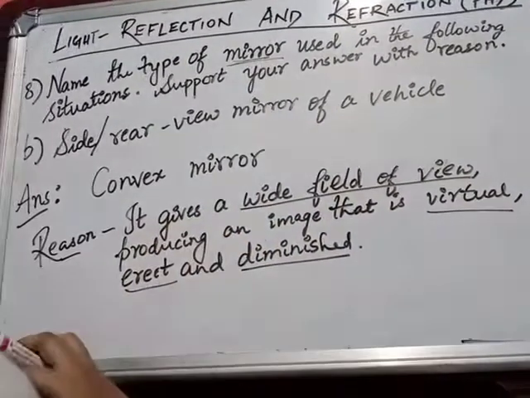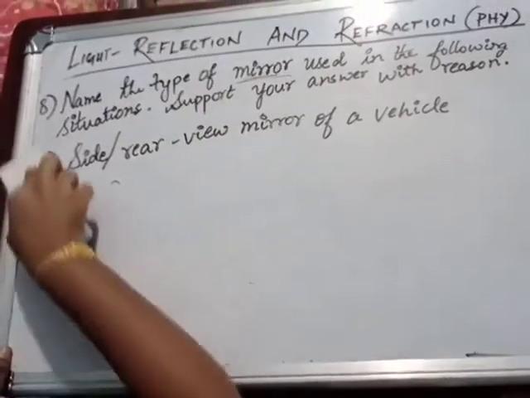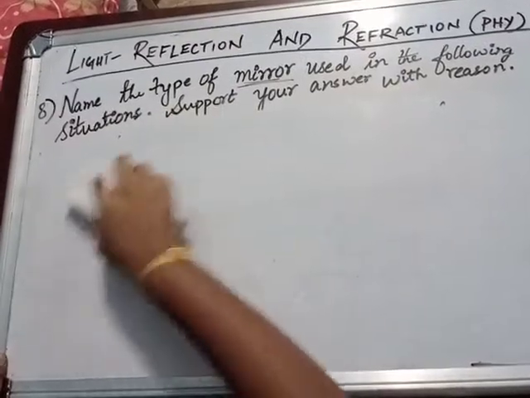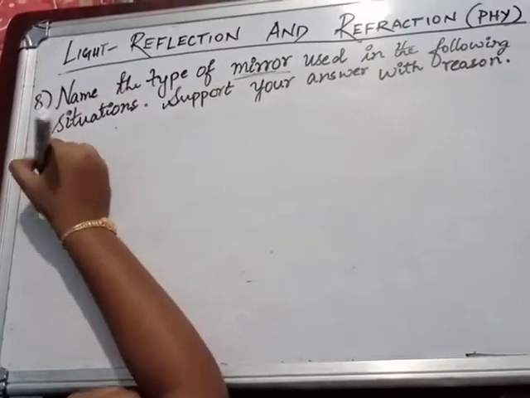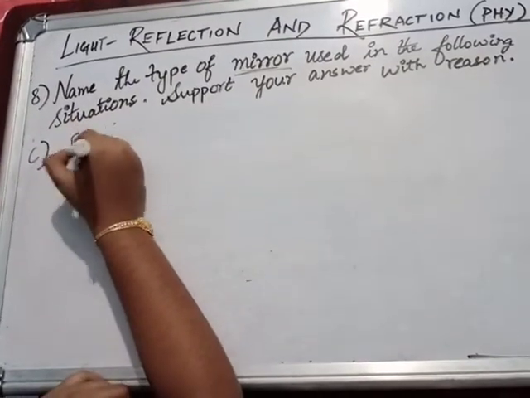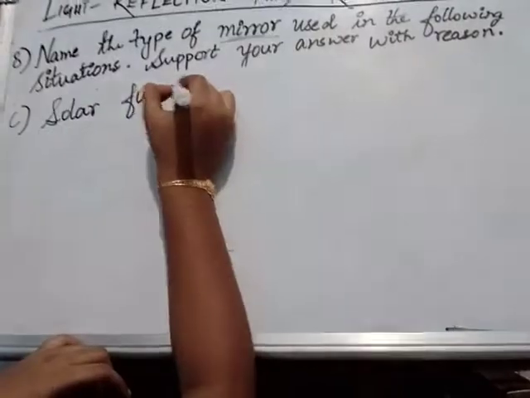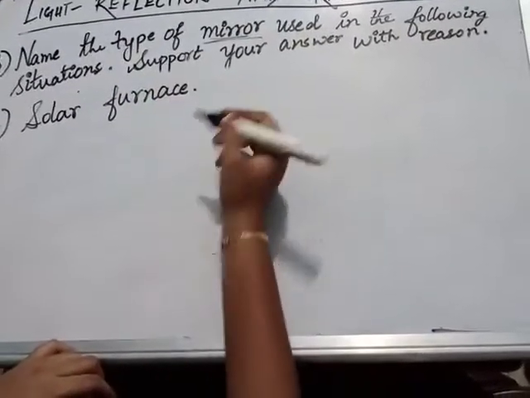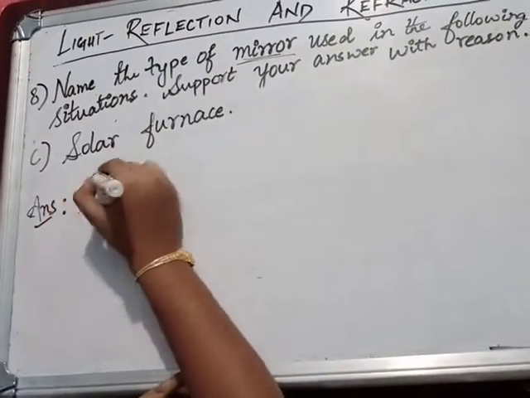Next is number C. Solar furnace. In solar furnaces, we use concave mirror.